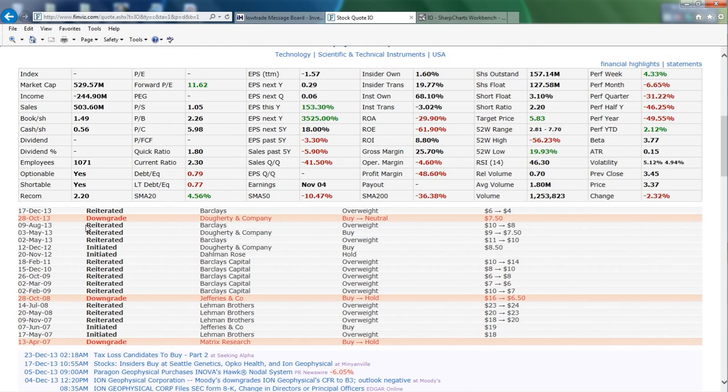The idiots, the talking heads, December 13th. Barclays, $4 to $6, downgraded to $4, to a neutral to 750.